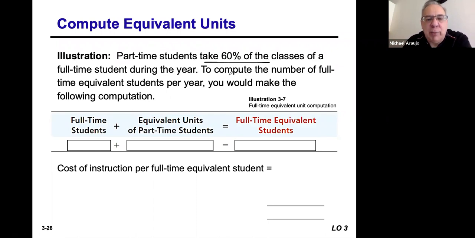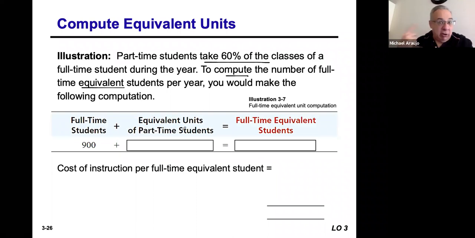So when we compute the number of full-time equivalent students, we have to add the full-time students, which we know there are 900 full-time students. And basically, we're going to have to add that to the equivalent units of part-time students who can convert, right?